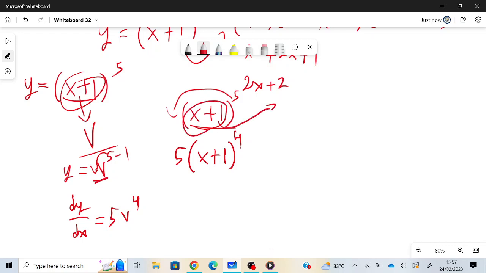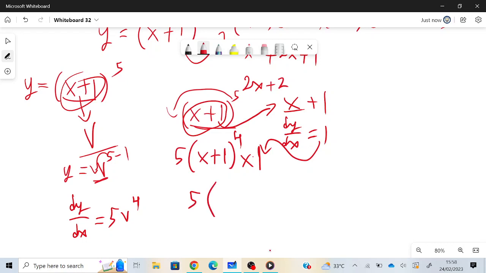If I take x plus 1 by itself and get its derivative, that's just 1, because if you differentiate x, you get 1. So I just times this by 1, and that gives me the same 5 into (x plus 1) to the power of 4, which is the same as over here.